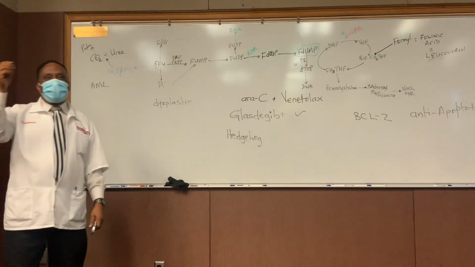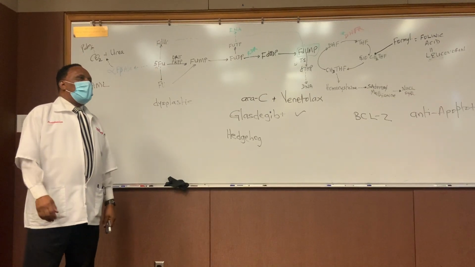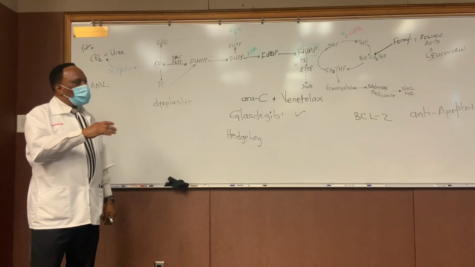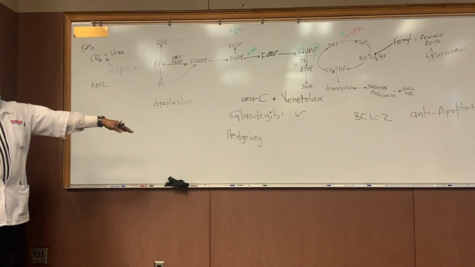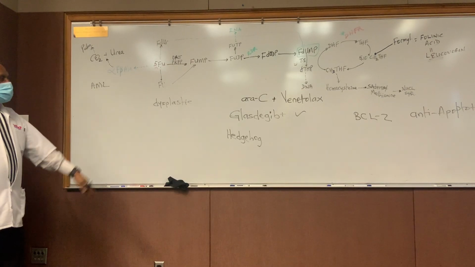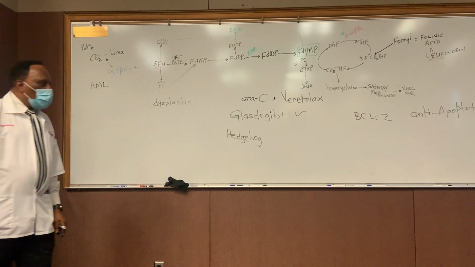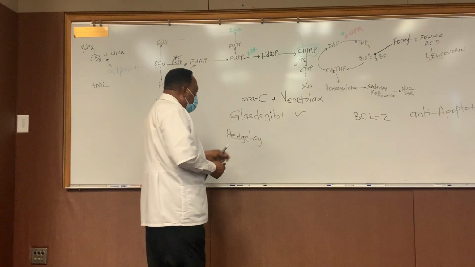You also have sonidegib, but that's not used in AML, but it affects that hedgehog pathway, just like glasdegib.